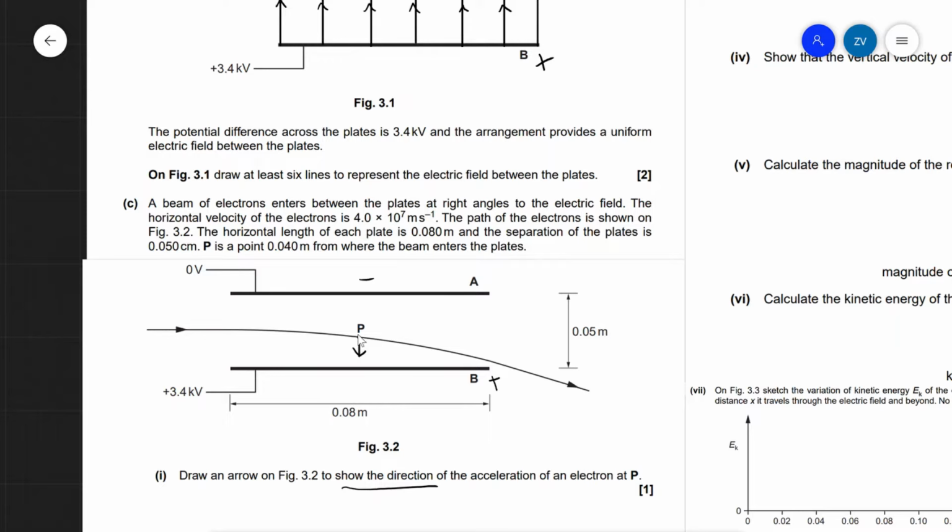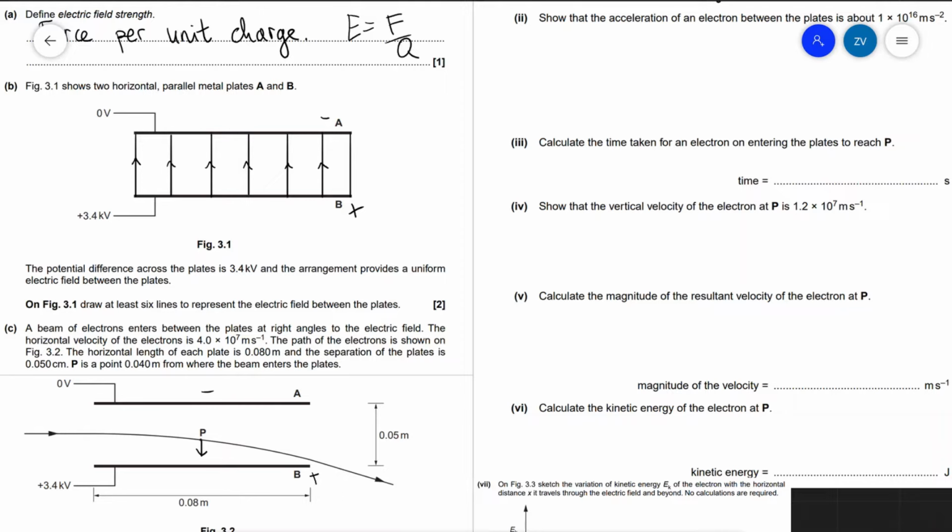Okay, so for part 2, we need to show that the acceleration of an electron between those two plates is about 1 times 10 to the power of 16 meters per second squared. That is a huge acceleration. Anyways, let's get down to work.